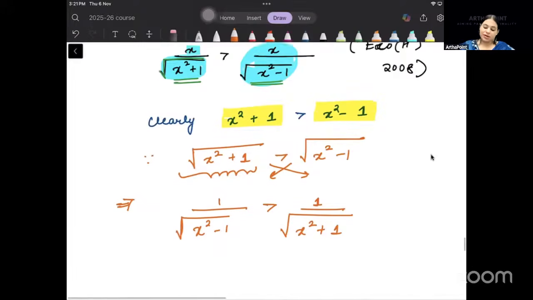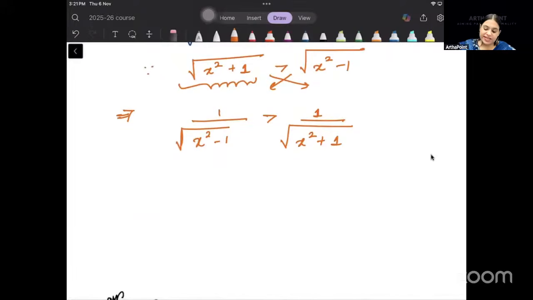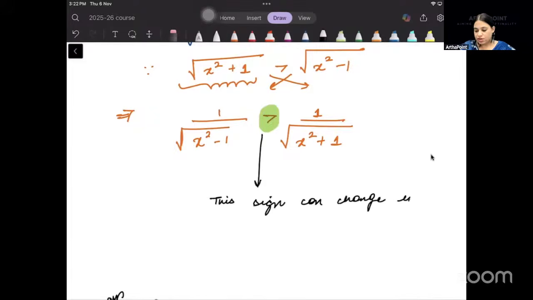Ab, beta, when can this sign change? This sign can change if both sides are multiplied with a negative number.